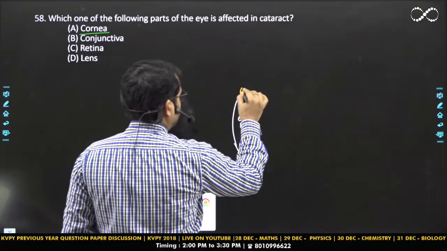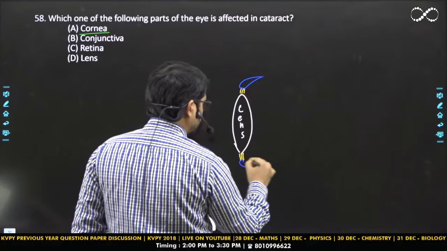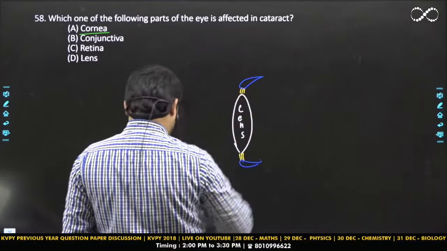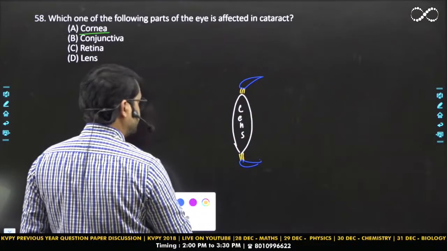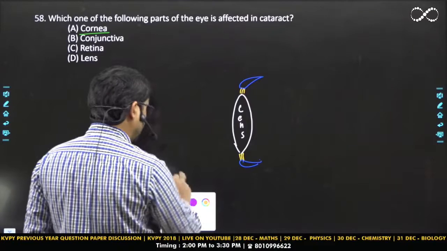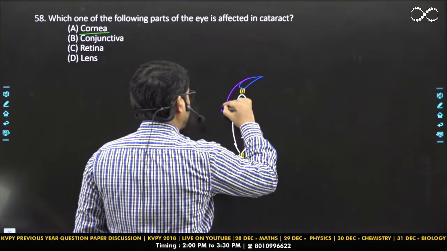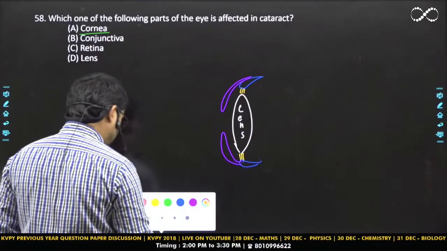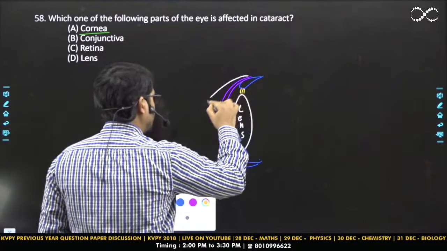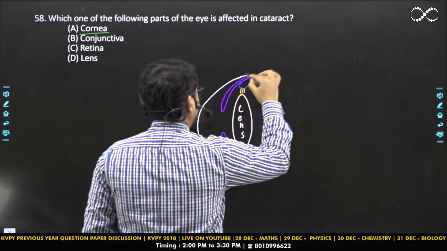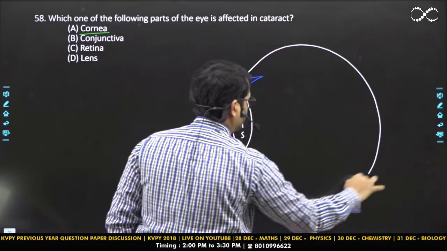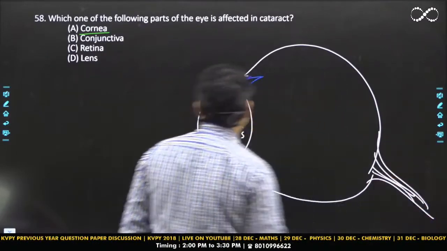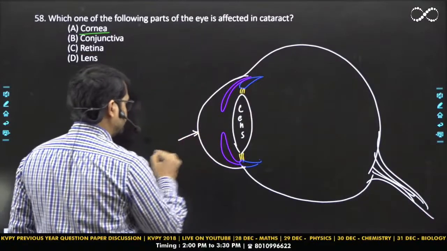Suppose there is this ciliary muscle outside this layer, and there is another layer, maybe I'm taking another color here. This is the iris, and then there is another layer. This is the cornea.